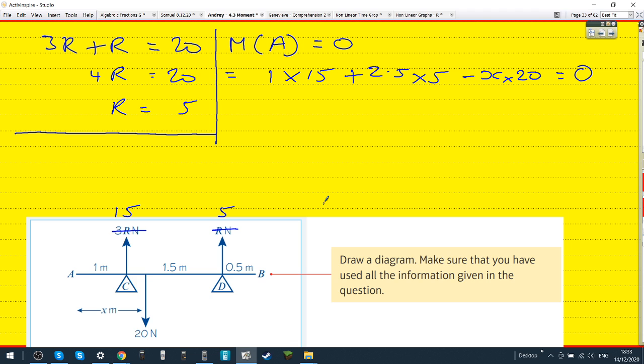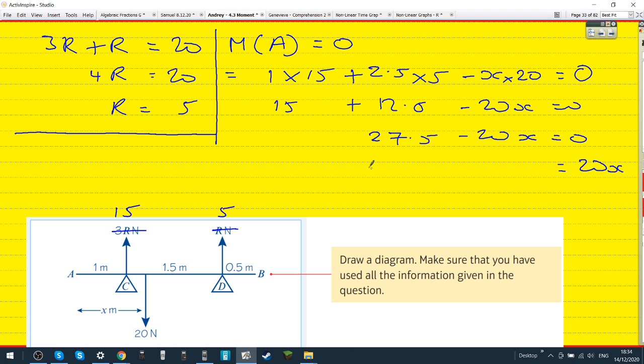Okay, solve. Yeah, I got 11/8. What's that as a decimal? 1.375.